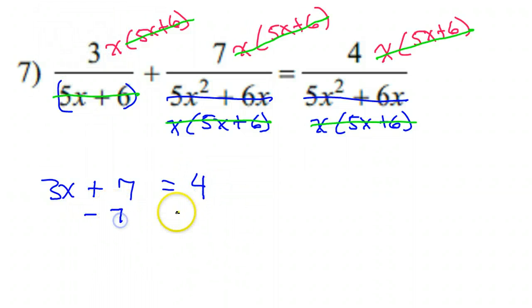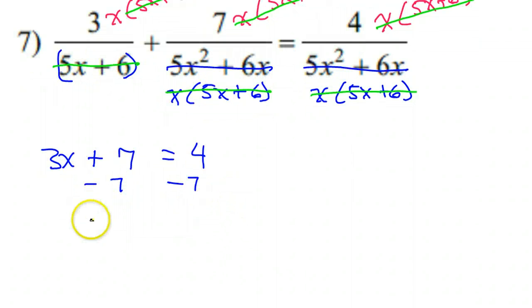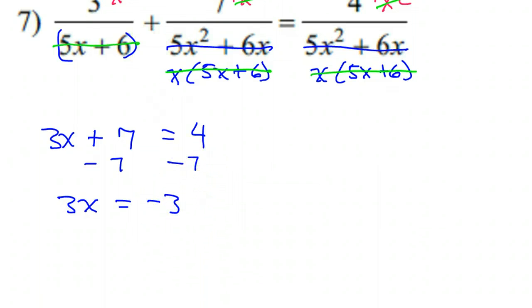So subtracting 7 from both sides gives me 3x is equal to negative 3. And then dividing both sides by 3, I get x equals negative 1.